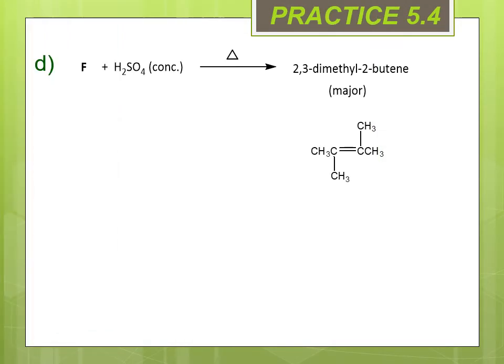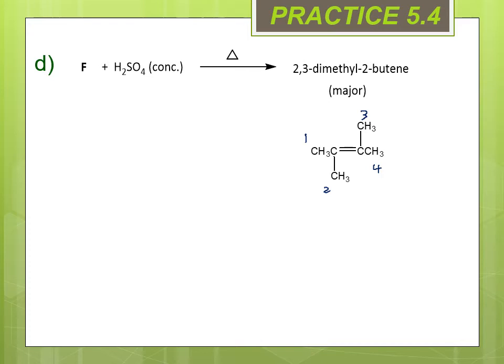For question D, we are finding F, the reactant, whereas the product is given. And if you notice, in the product, there are 1, 2, 3, and 4 alkyl groups. It is symmetrical.